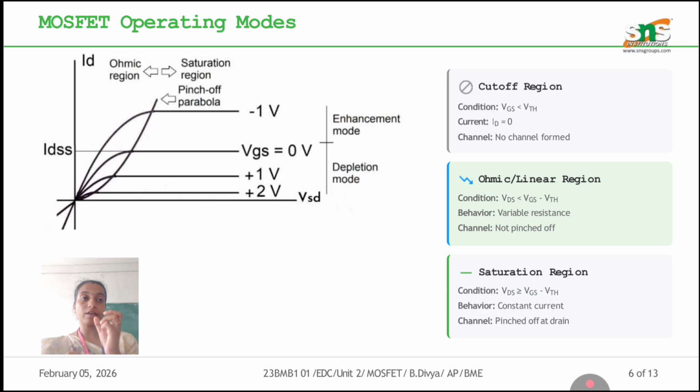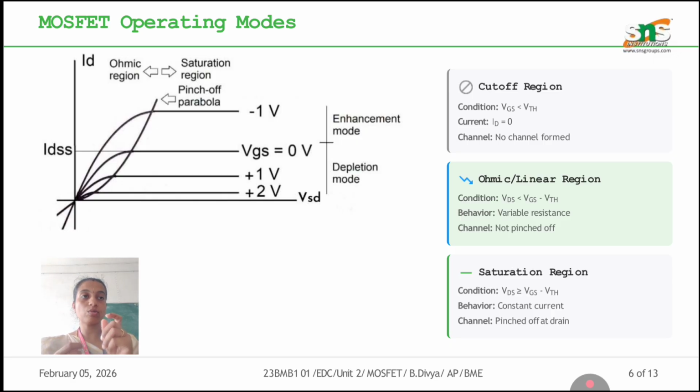There forms a region called the saturation region, where a constant current is developed. This channel is also called pinch off at the drain. Pinch off voltage is where it reaches a saturation point.